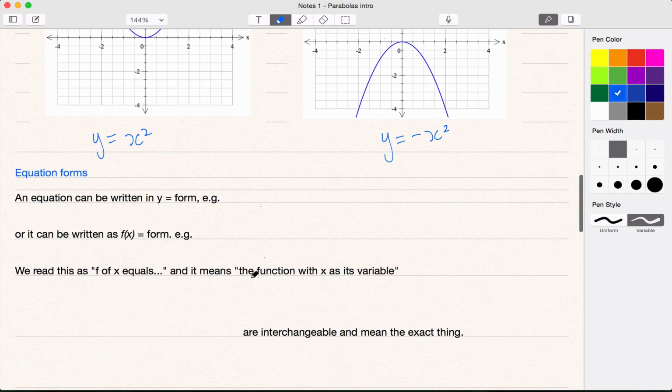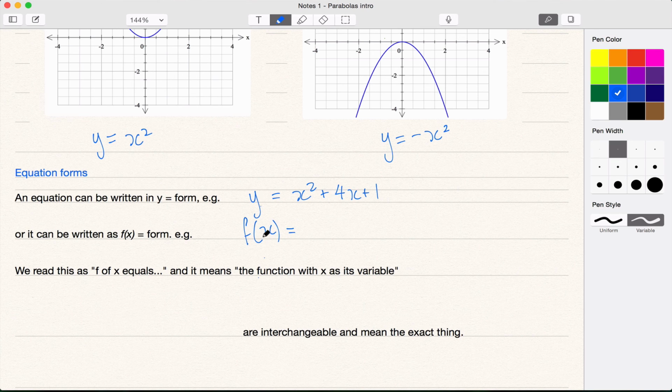Lastly, I just want to explain about different forms you can have for an equation. So far all the equations I've given you are in y equals form. For example, y equals x squared plus 4x plus 1. You can also write your equation in f bracket x equals form. So I'm just writing out the same equation as up here.